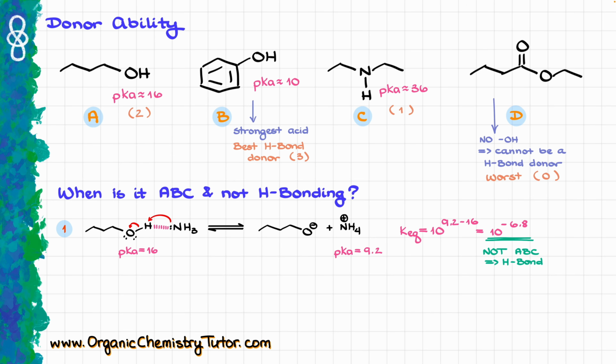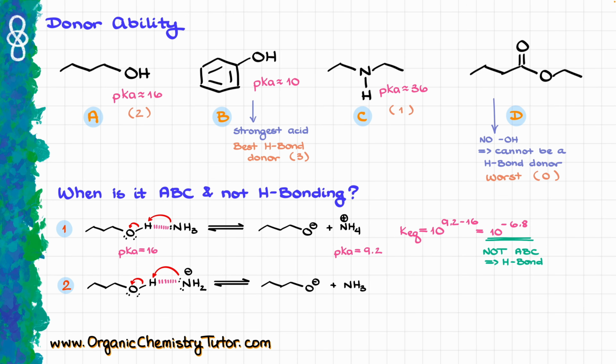But now, let's look at a slightly different example. I have the same starting material, same alcohol, and instead of ammonia, I have the amide anion. It would be reasonable to assume that we have the same style hydrogen bonding if we think about that as a hydrogen bonding example. Now, doing the same trick as before and looking at that from the perspective of the acid-base equilibrium, I'm going to have this reaction.